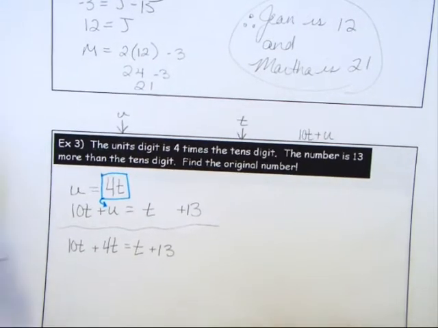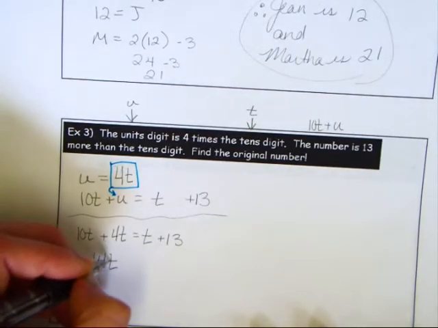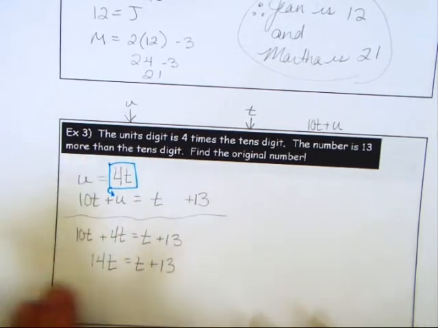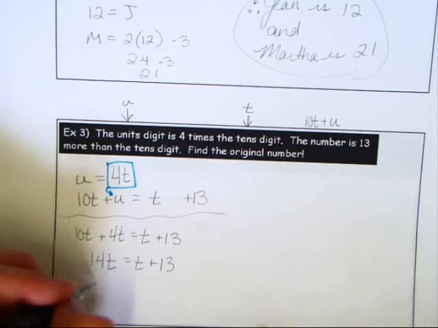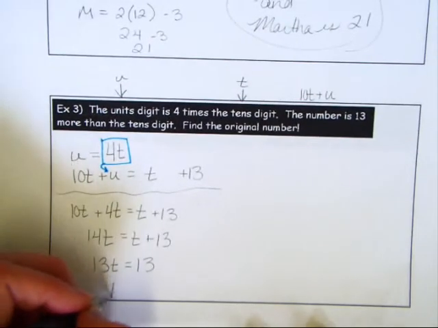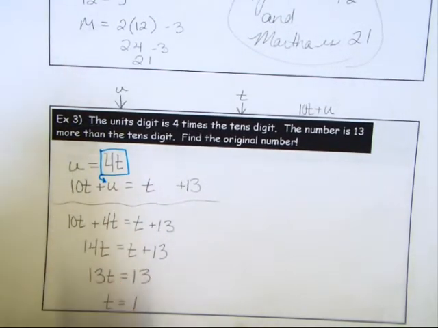I'm using substitution skills. 10t and 4t make 14t equals t plus 13. Take away a t from both sides, you get 13t equals 13. Look how pretty this is. t is 1. We'll talk about what that means in a minute.